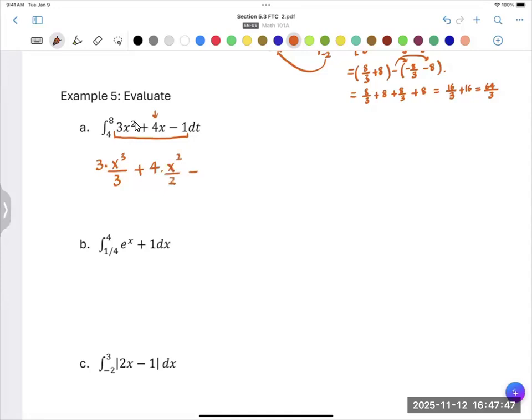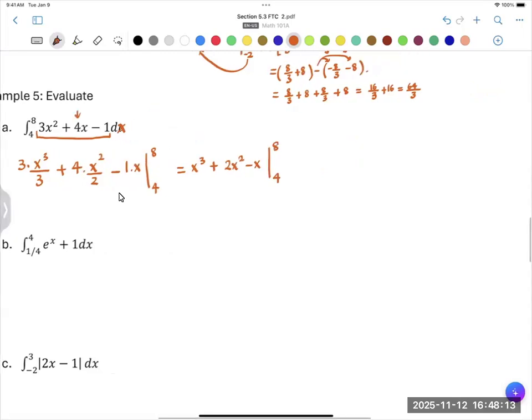And then minus the constant times x. This should be an x, okay? And then we're going to have to put in the bounds, which are 4 and 8. So I would suggest you simplify first before you put in the bounds. So I'm going to simplify, and that will give you x cubed plus 2x squared minus x. And then we take that from 4 to 8.